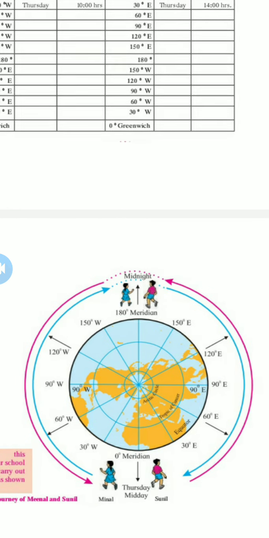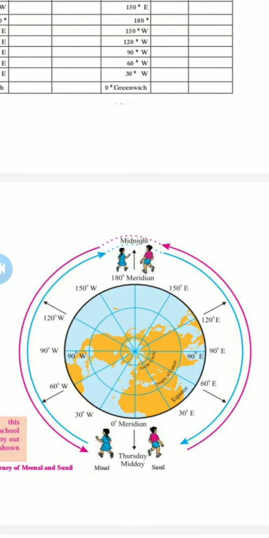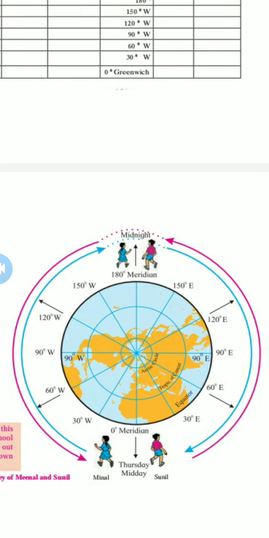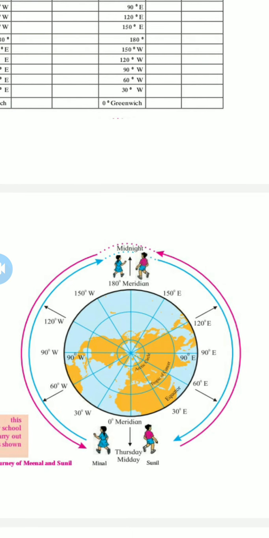See this diagram very well, it is written. Thursday midnight, Minal took the side of west and Sunil took the side of east, and they both were traveling and came to the 180-degree meridian, when Sunil thought it was Friday and Minal thought it was Thursday. So how has this happened?